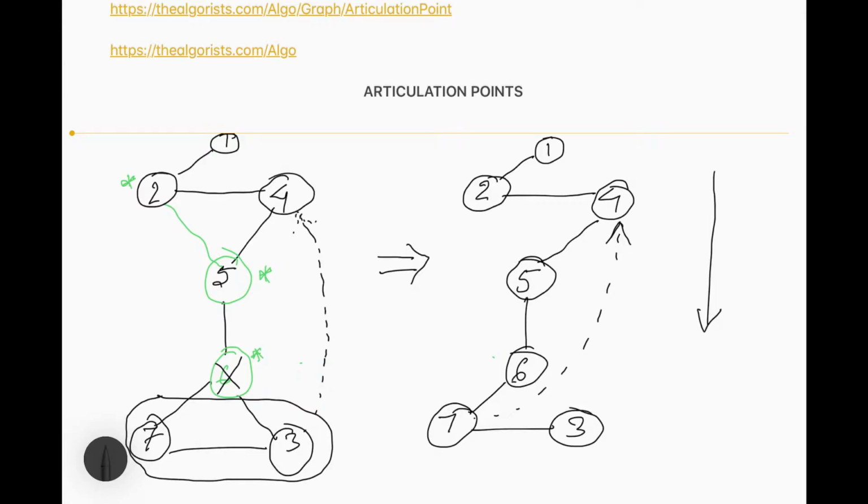So if we had an edge from 7 to any of the nodes that was discovered before the articulation point was discovered, then this edge is nothing but a back edge, because it goes to one of its ancestors in the DFS spanning tree.